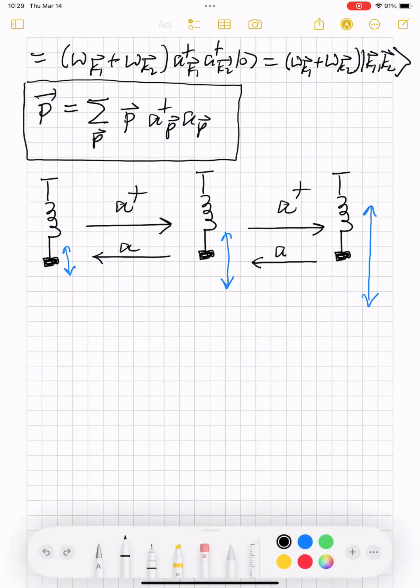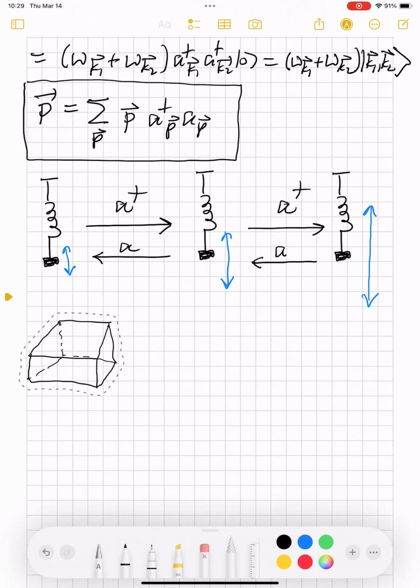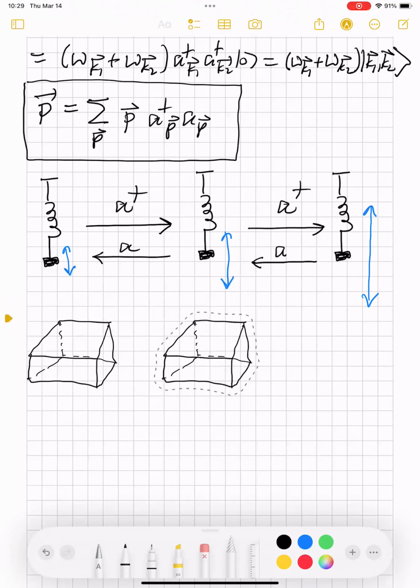We now have a rather different picture. So what do we have? Well, we have a box. So there's our box, and let's duplicate the box a few times.